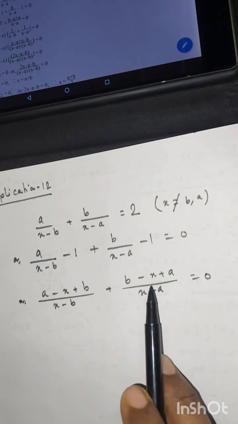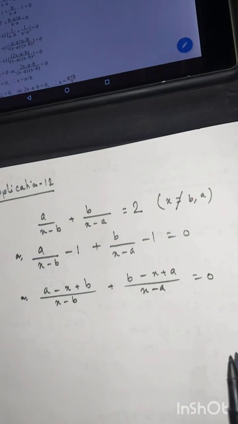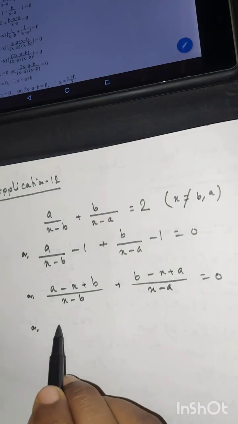Now we can see the numerators are equal, so we can take these as common.